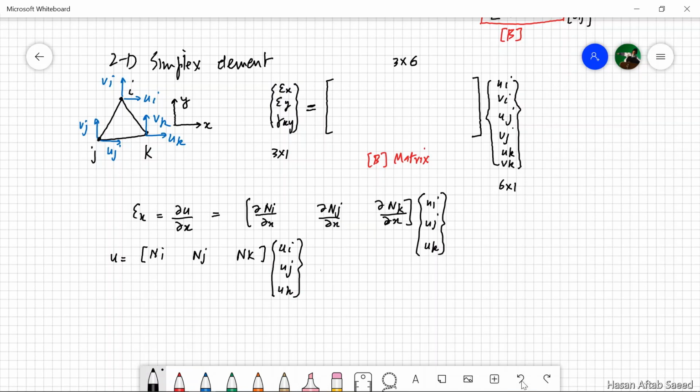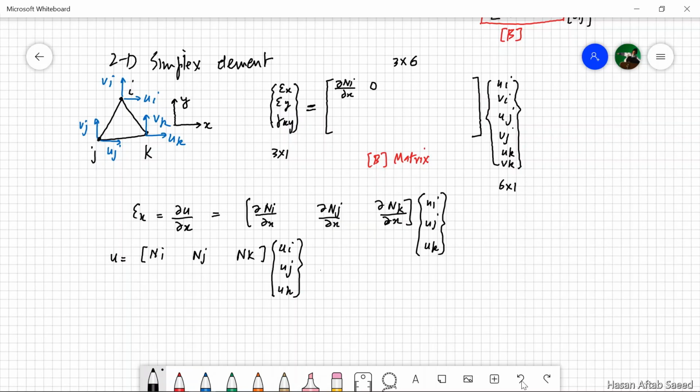Now, when we put this in our empty matrix above, we realize that this relation for epsilon x has nothing to do with v values, vi, vj, vk, but here we have vi value, vj value, and vk value. So we need to do it like this. Partial Ni over partial x, then there's a 0 here.